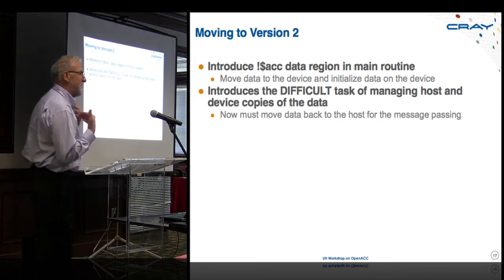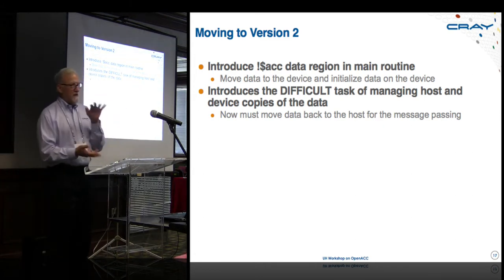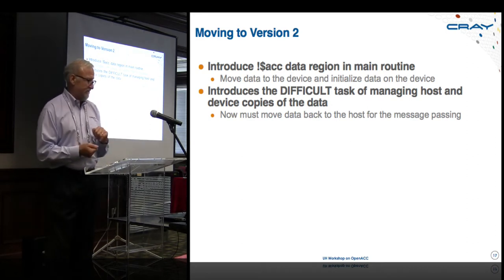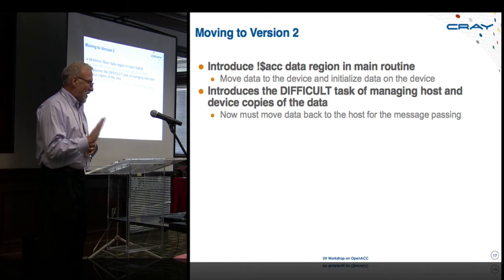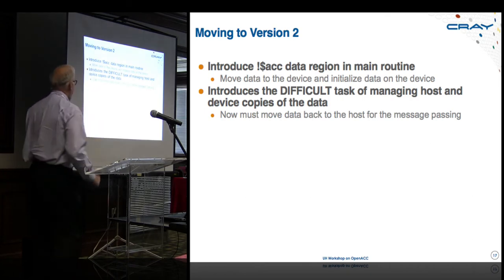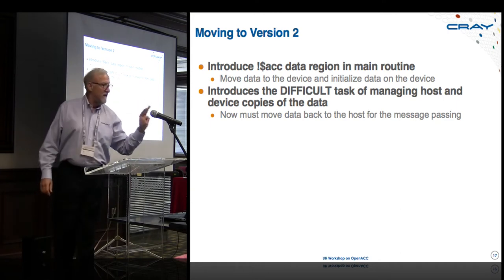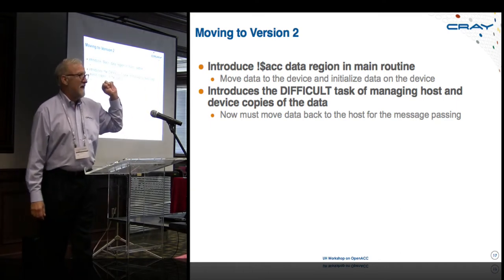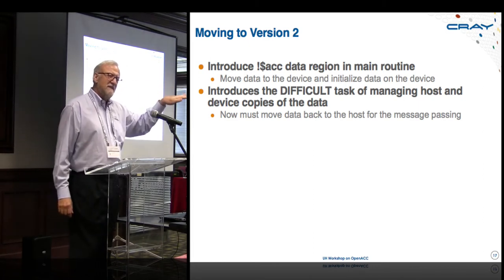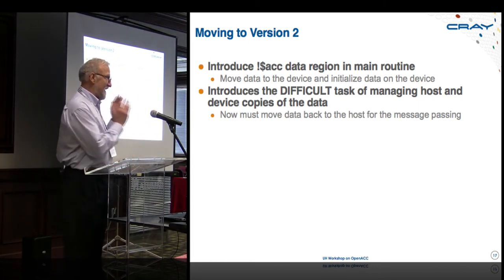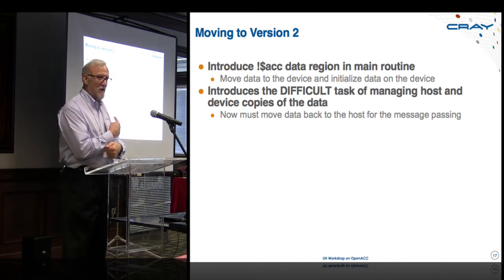We want to move data over to the accelerator before we enter our time integration. Now, if we do that, then all of a sudden, we have to manage 2 copies of the data. The host has a copy, and the accelerator has a copy. And this is the difference between easy and difficult. This is hard.